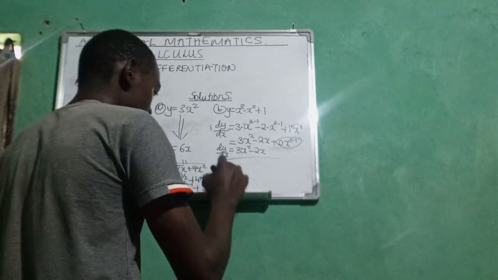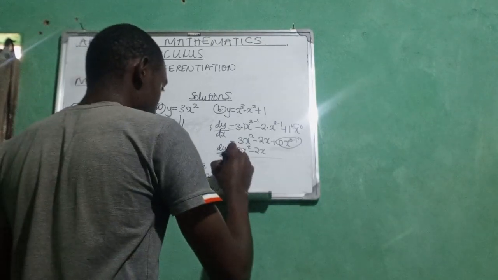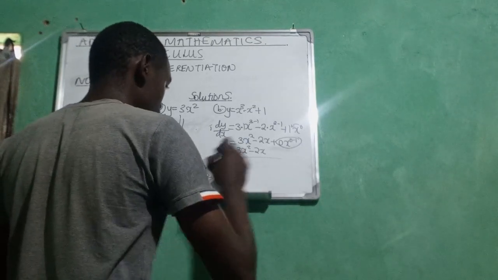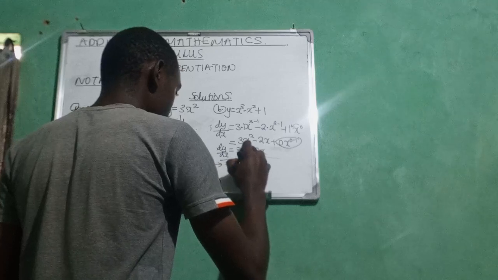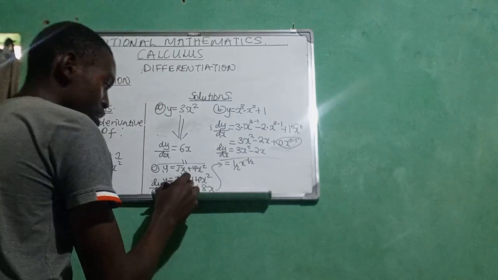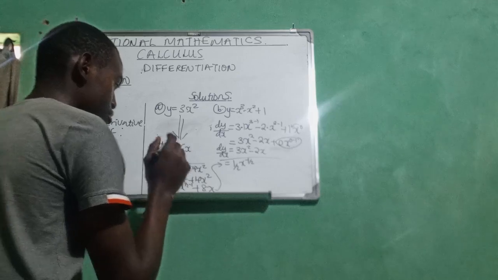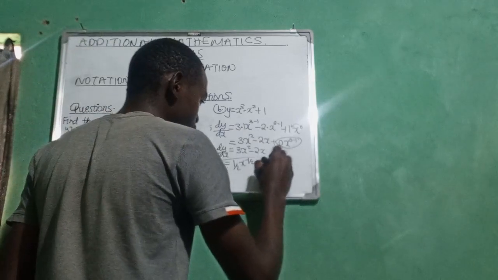Alright, then if we take this up here, it means that we are saying it is equal to 1/2 x to the power negative half, because we are saying 1/2 minus 1 is negative half, plus 8x.